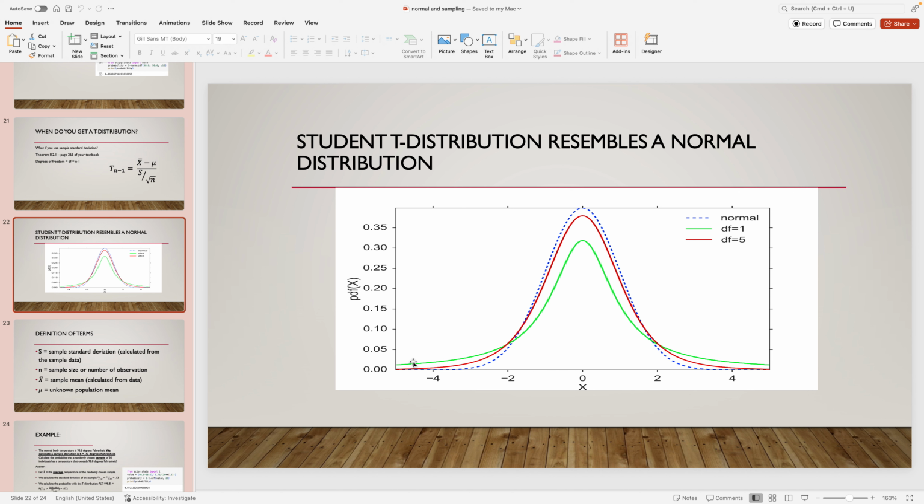It has a higher probability for large values, as illustrated by this green curve. So for values bigger than 4, the t-distribution in this green line has a probability that is much bigger than the blue curve, which has nearly no area for values bigger than 4.